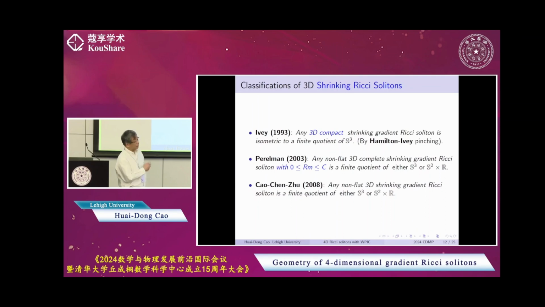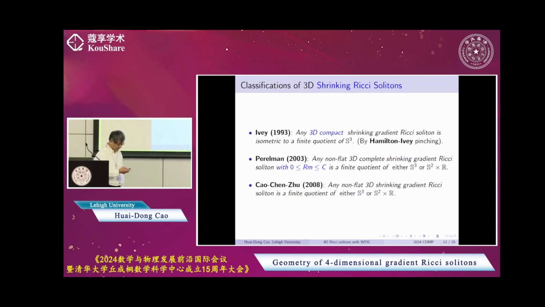We were able to remove the conditions, so basically any non-flat 3D shrinking soliton is either a space form or a quotient of S2 cross R, the standard ones. There's nothing else. And Binglong's work I mentioned plays a crucial role here.